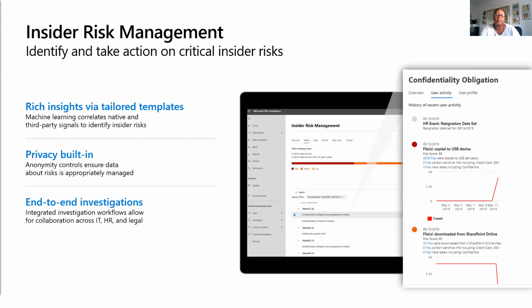Furthermore, you can hide the particular users' names to pseudonymize them by default, and that is to mainly maintain privacy and prevent bias. So potentially, maybe just your HR team can see who exactly has been behaving in a certain way. Insider risk management also provides quite a comprehensive view that's easy to understand.